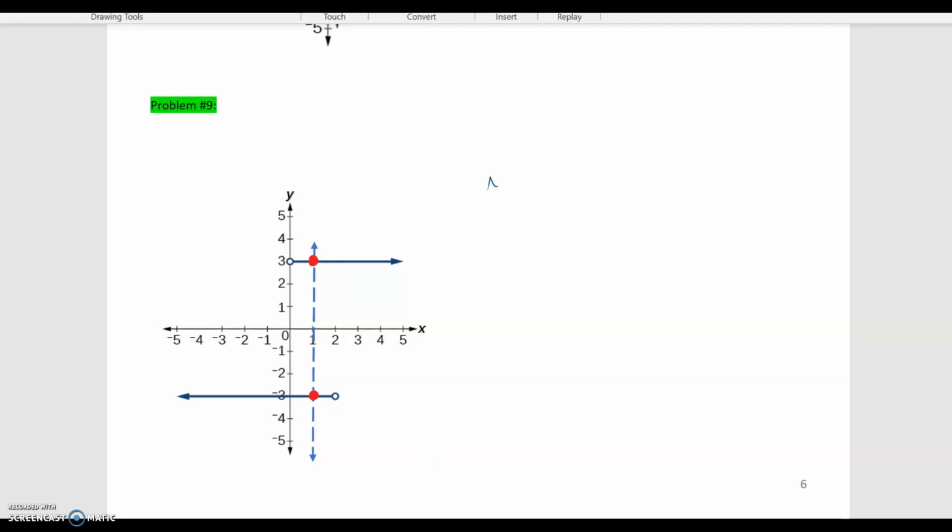So let me write it as no, the graph is not defined as a function because the graph fails the vertical line test.